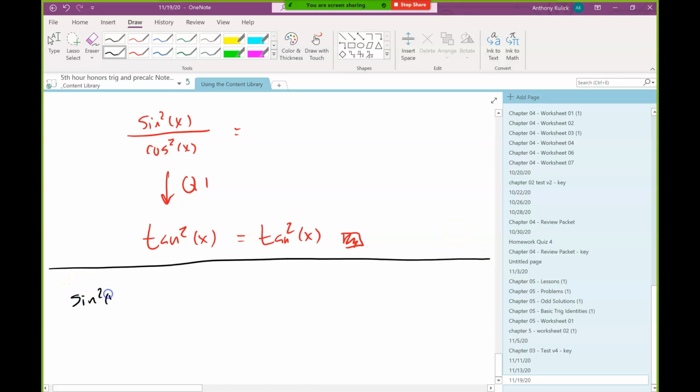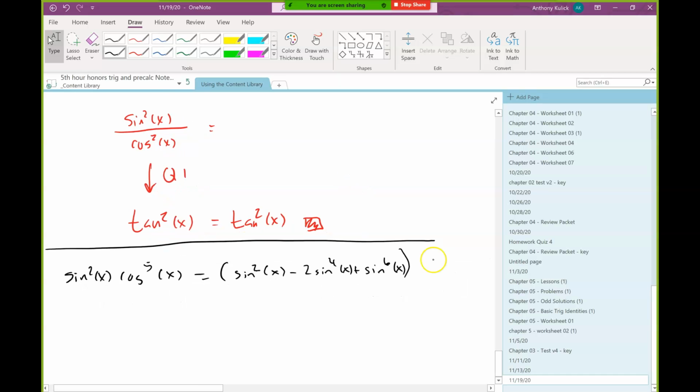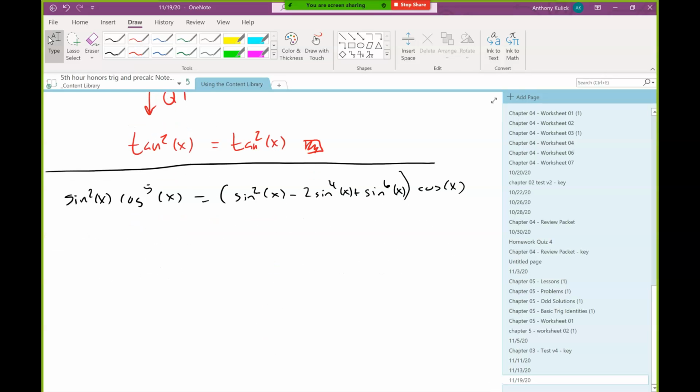My last one, or my last example for you guys, is this monstrosity.